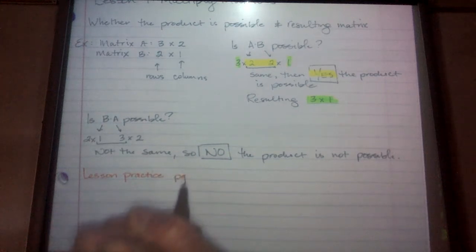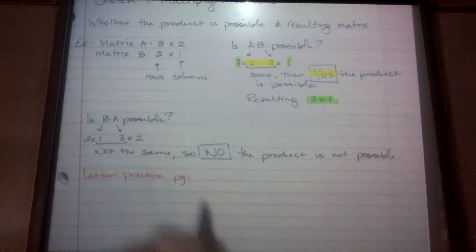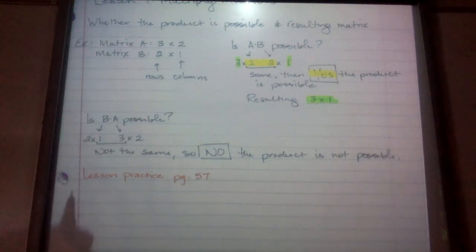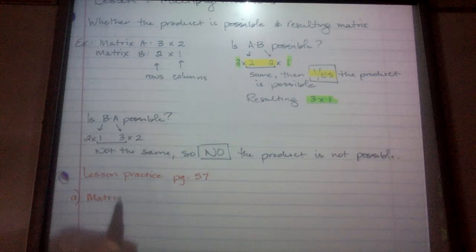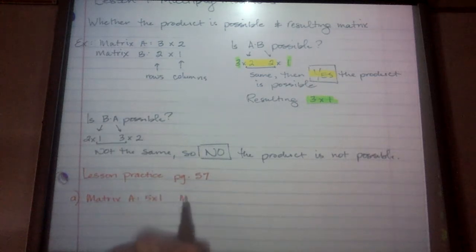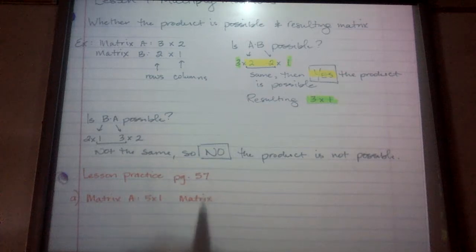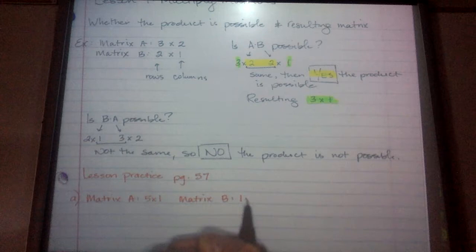It is on page 57, and we're going to try part A. So part A asks us if the following matrices can be multiplied. So they said matrix A is a 5 by 1, and matrix B is a 1 by 4.